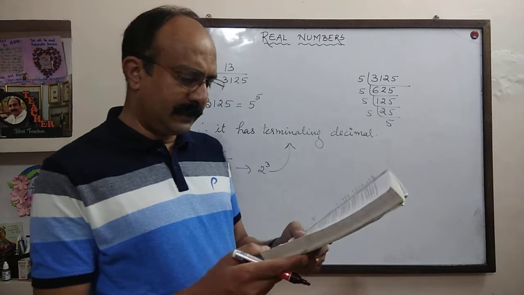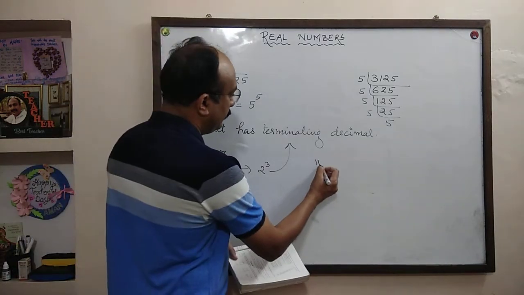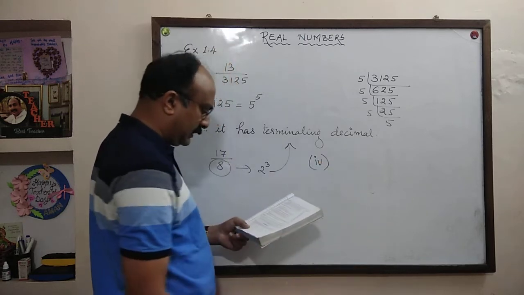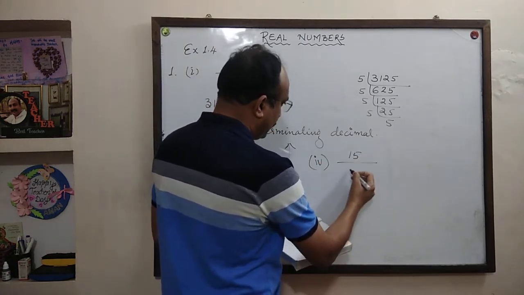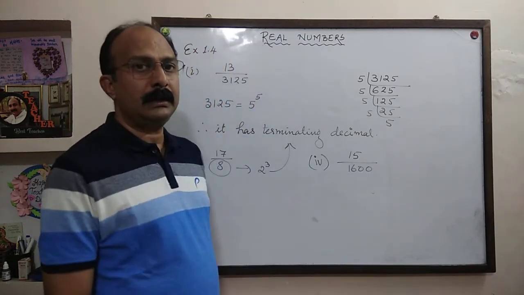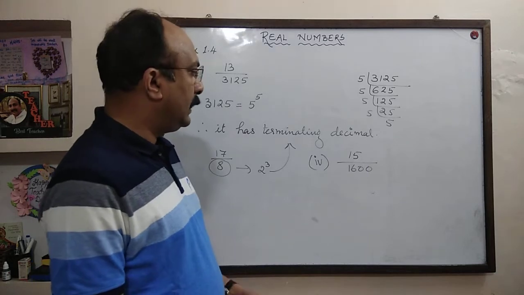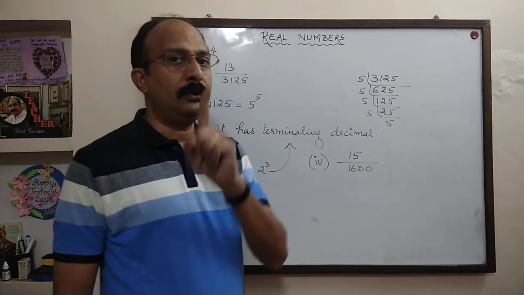Do it as homework. In question number 4 there is a change. In question number 4 it is 15 upon 1600. Here note it. Before you find the prime factors of 1600, you have to do one more thing.